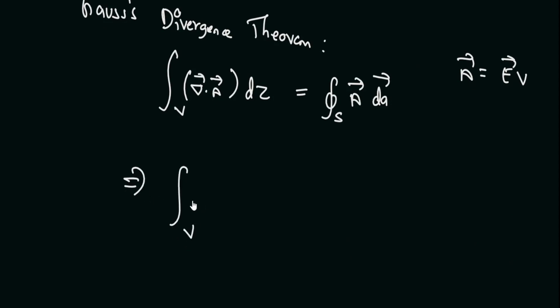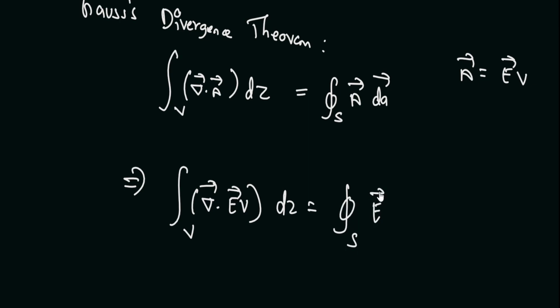So we can convert del dot E times V into a closed surface integral of E vector times V. Here it will be a dot product, so again dot dA.